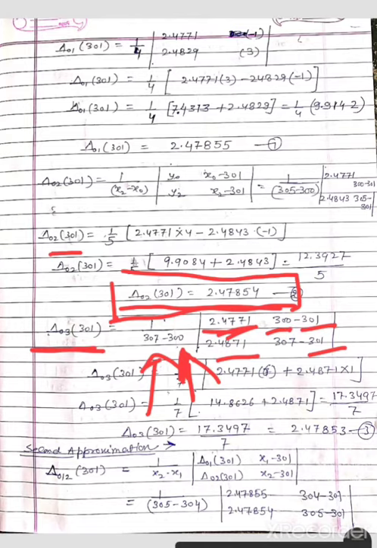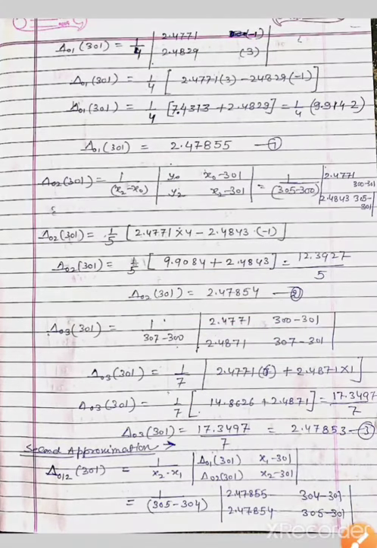This is the x0 and this is the x3. Substituting all these values and solving, we obtain the value of delta 03, given by equation 3, which comes out to be 2.47853. Now we have obtained all three first approximations.